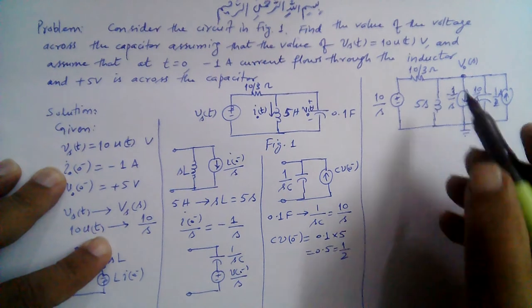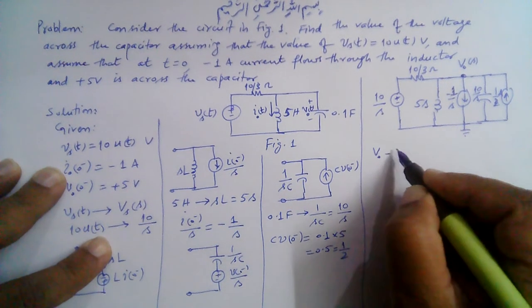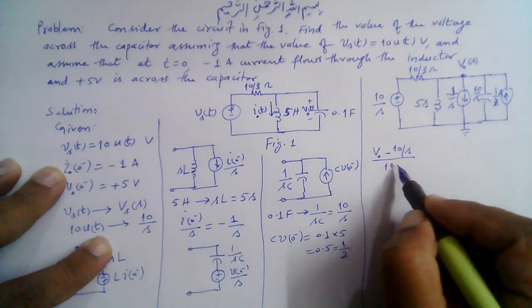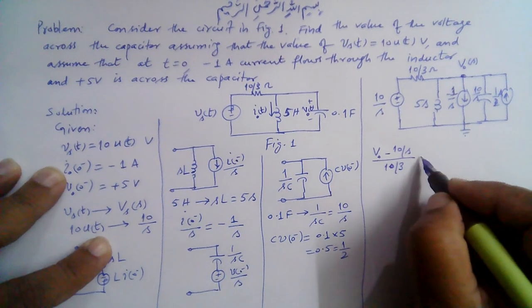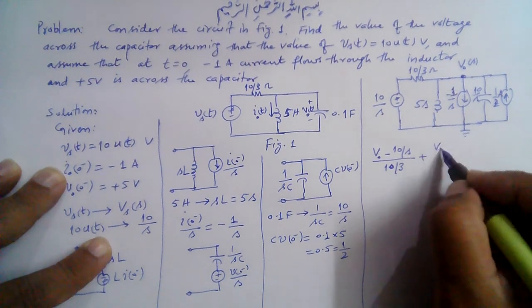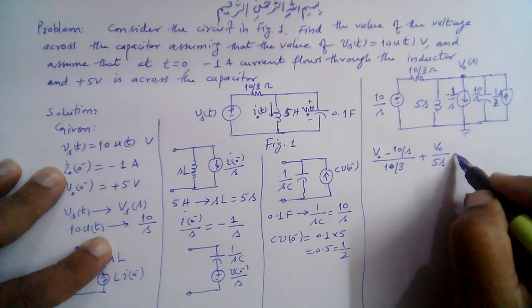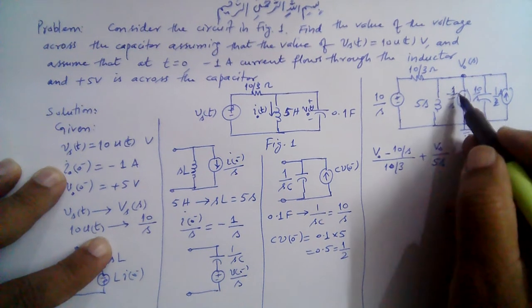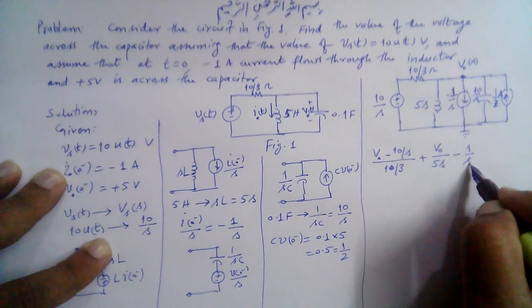So V naught minus 10 over S divided by 10 over 3, plus V naught over 5S, plus this current here, and this is minus 1 over S, right?